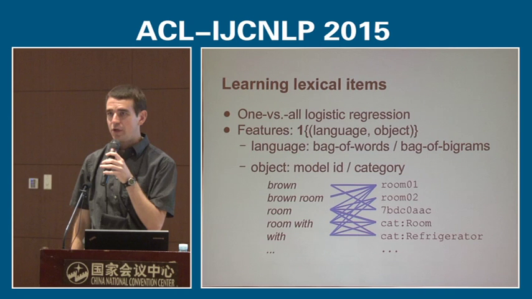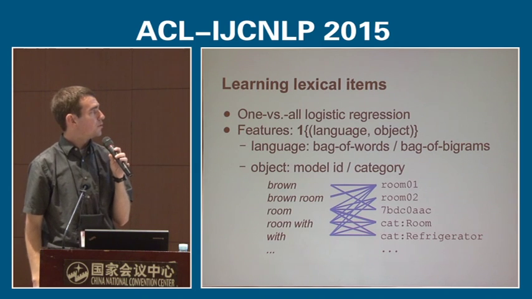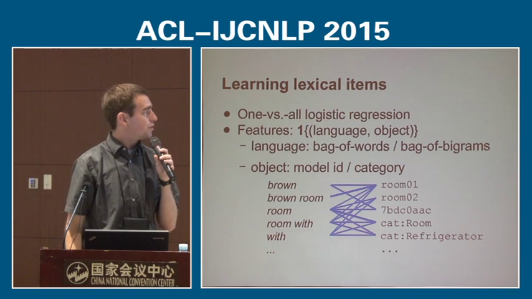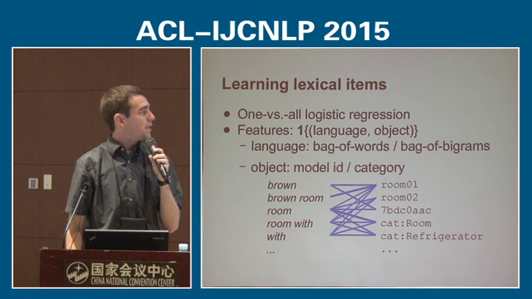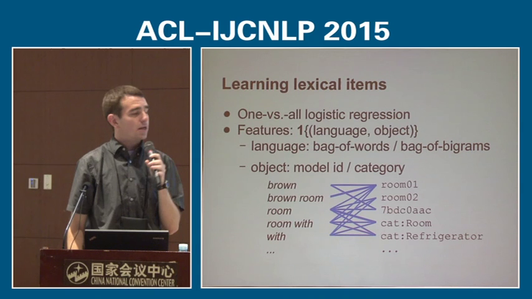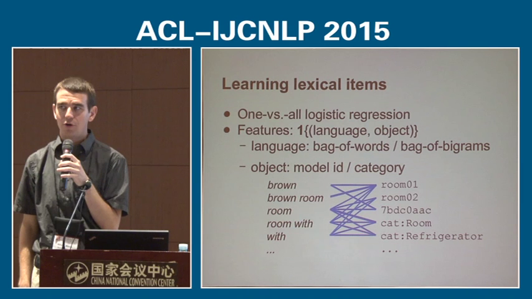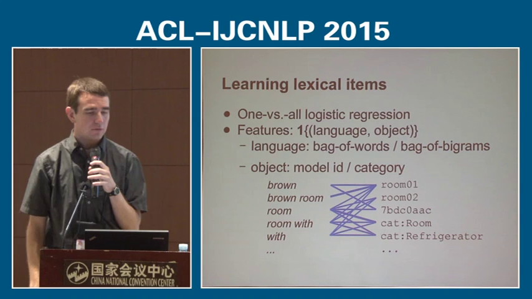So we train a classifier to perform this task of scene discrimination. We use a one versus all logistic regression model where our features are simple cross products of unigram and bigram features from the description and of individual model IDs and the human tagged category of each model on the scene side.